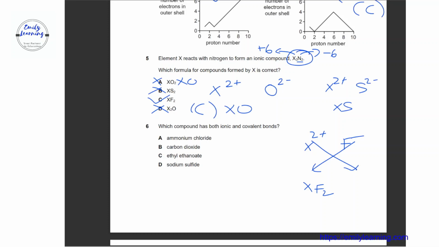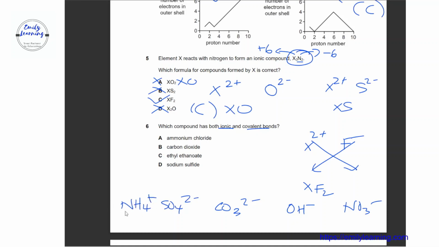Okay, next, question 6. Which compound has both ionic and covalent bonds? Basically, if you see ionic and covalent bonds, it's basically an ionic compound that contains radicals like CO3 2 minus, OH minus, NO3 minus, SO4 2 minus, NH4 plus.